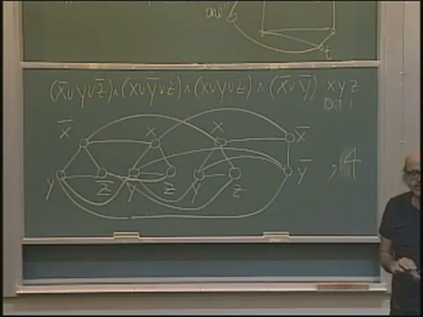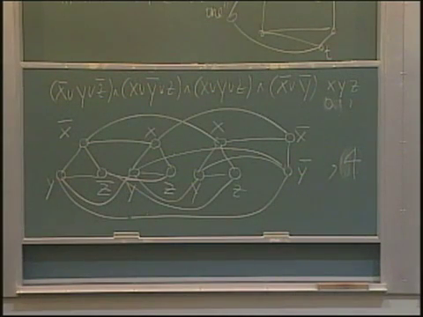That's my construction. That's the end of the construction. What I did is for every clause I created a triangle, or in the exceptional case, a line, and then I connected contradicting literals by edges. That's all I did. And now I have to prove something.